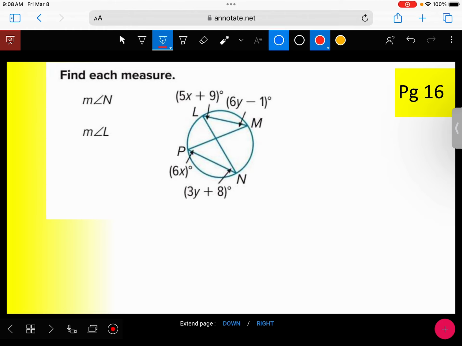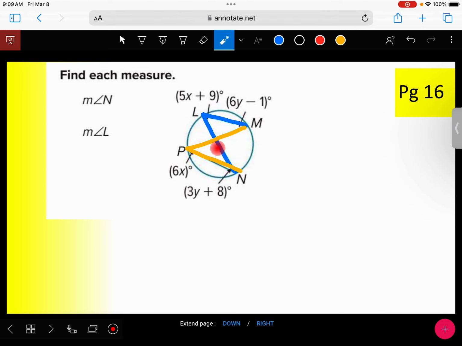Okay, so I'm going to trace these arcs here, or angles. So this angle here. Okay, so we have this angle and we have this angle. You see the angles that I have highlighted in blue and yellow? Do you notice how both of these angles have the same arc?